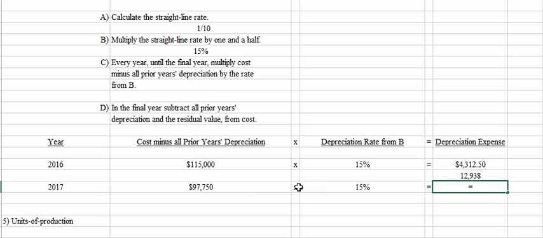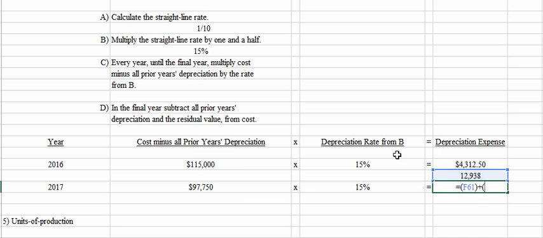Now if we want depreciation expense for 2017, we first have to pick up the first 9 months, the 12,938. Into that, we're going to add our depreciation expense for the last 3 months.